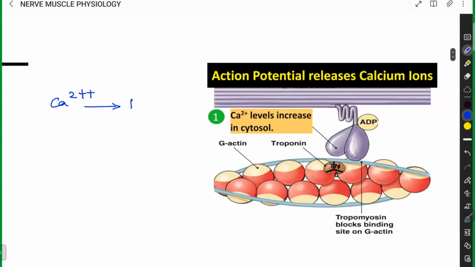Troponin C. When calcium sits on troponin C, it activates troponin C. Activation of troponin C then leads to activation of troponin T. What is troponin T? It is the one that attaches to tropomyosin.